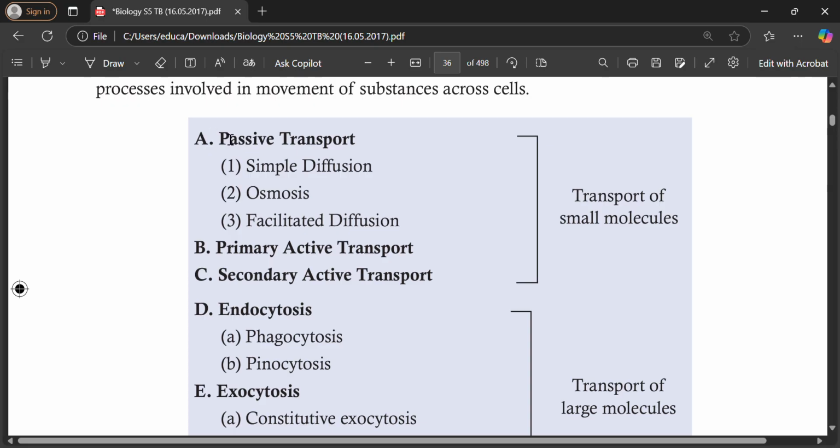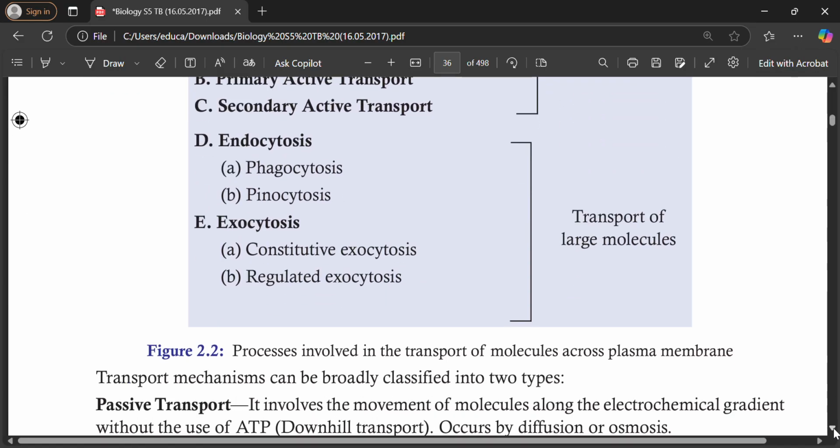All these, passive transport, primary active transport, and secondary active transport, transport small molecules. We also have endocytosis, which has two types, phagocytosis and pinocytosis, and exocytosis, which has constitutive exocytosis and regulated exocytosis.